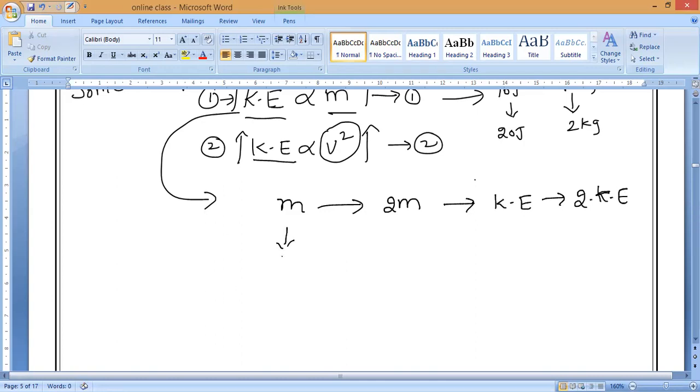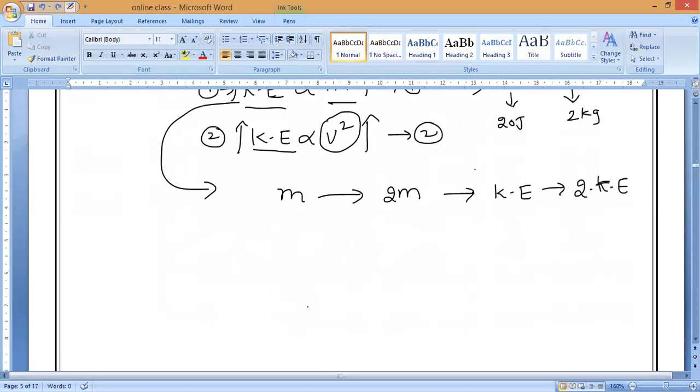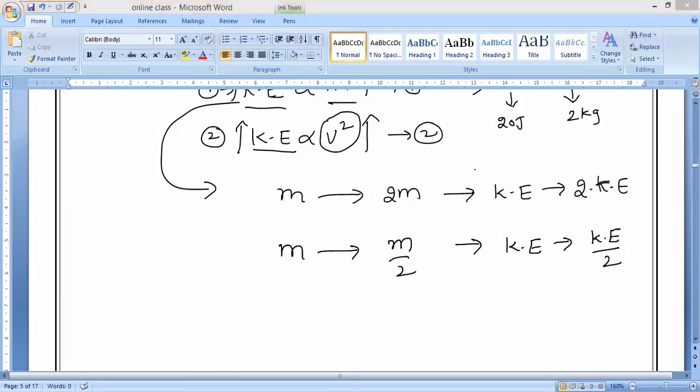If mass becomes m by 2, then what will the kinetic energy become? Kinetic energy also becomes half, or kinetic energy divided by 2. That is the relation in the first conclusion which we make from the kinetic energy formula.